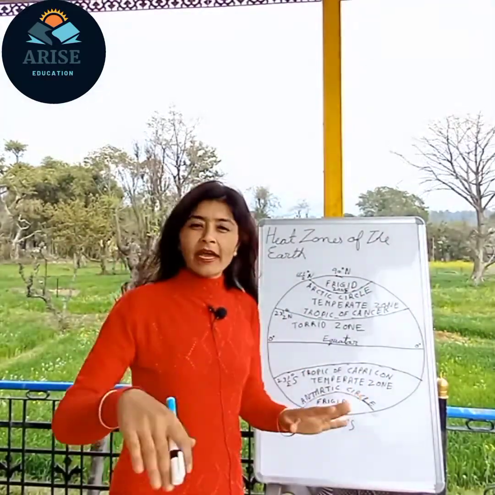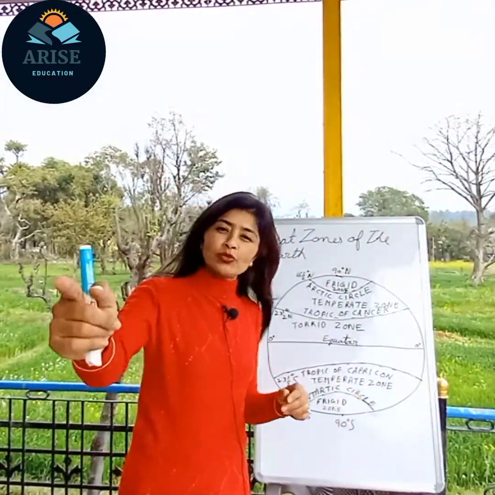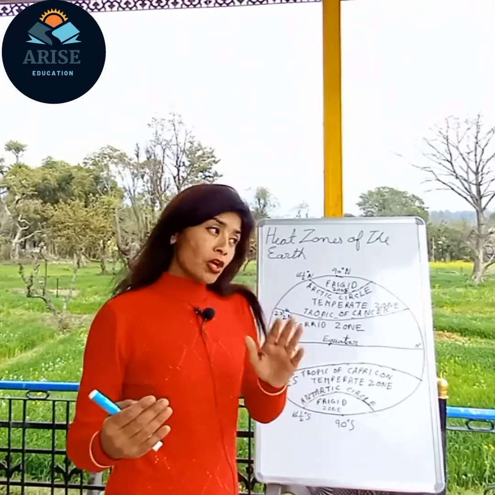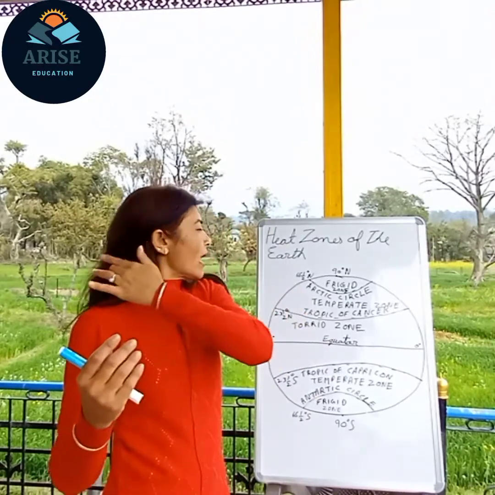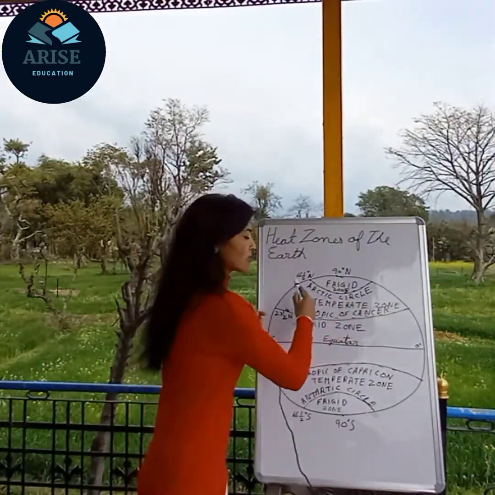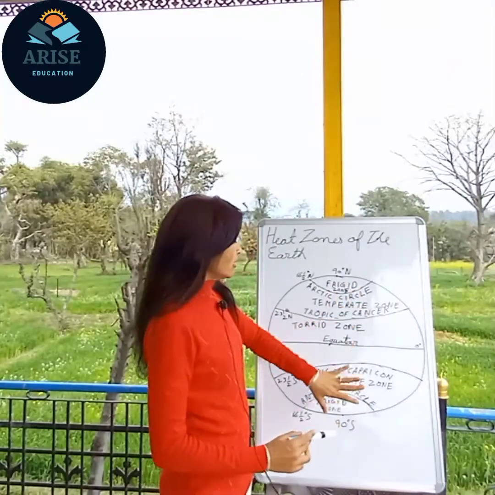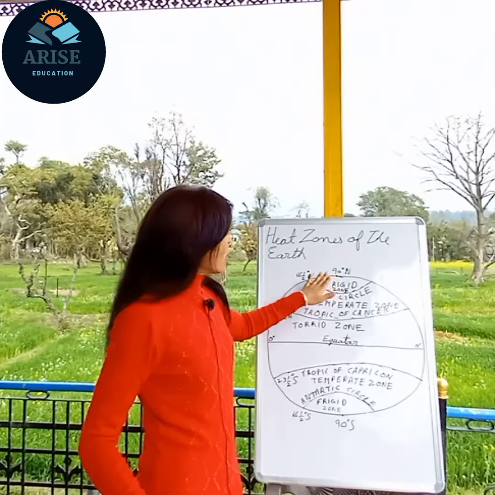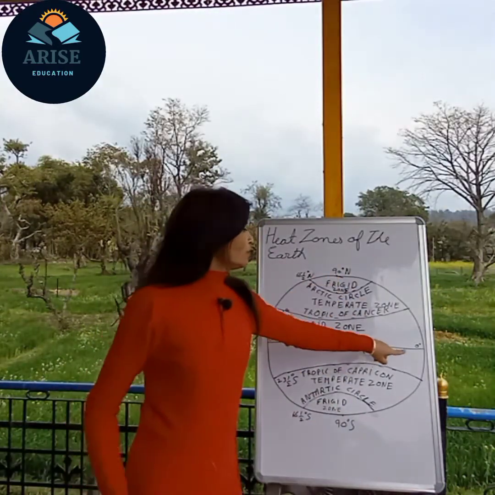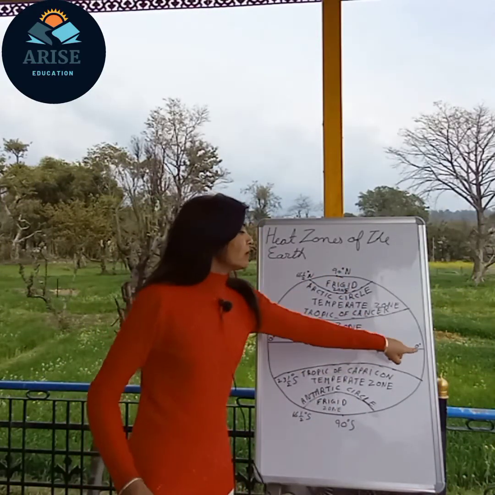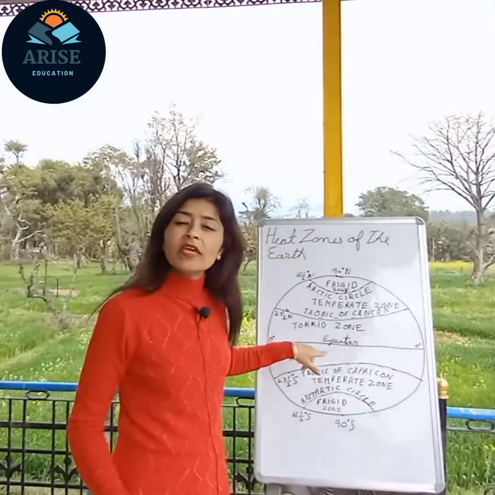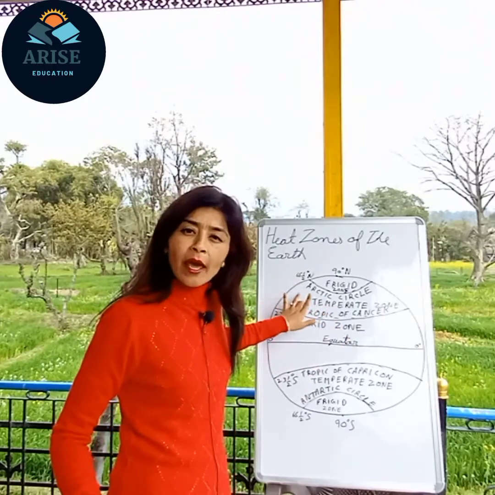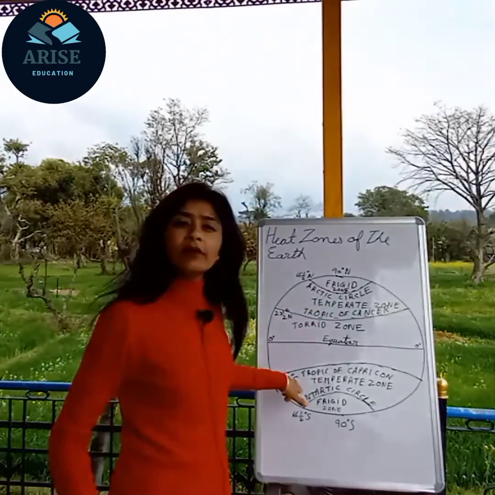So first of all, I will explain what you will do. Suppose I am a teacher and I am explaining the things to my students orally so that they can do the further things easily. First of all, what will I tell them? I'll tell them that this is a globe, the miniature of the earth. The earth is divided into two equal parts by the equator: the northern hemisphere and the southern hemisphere.